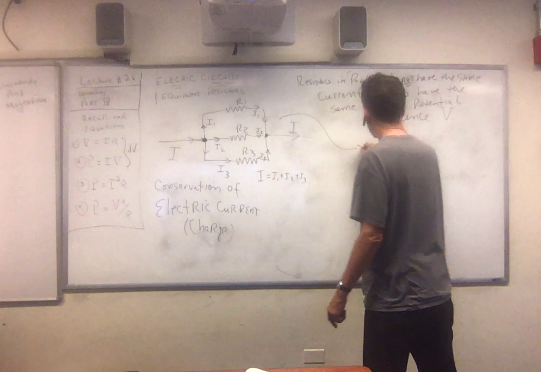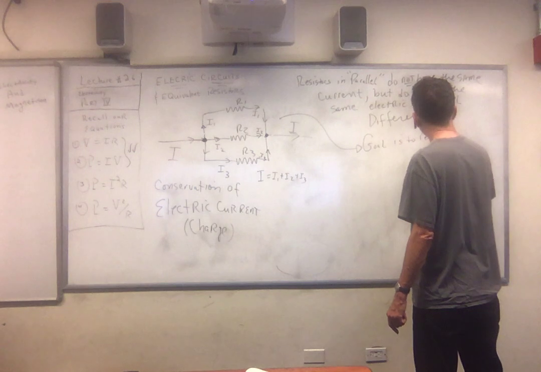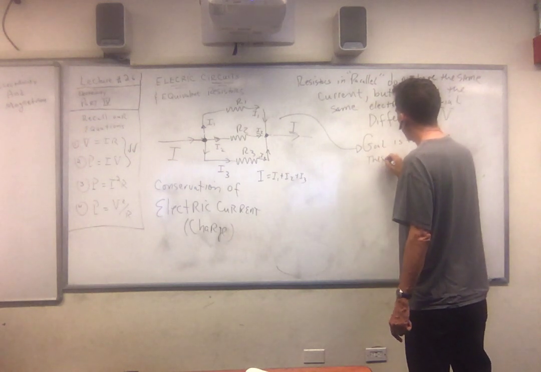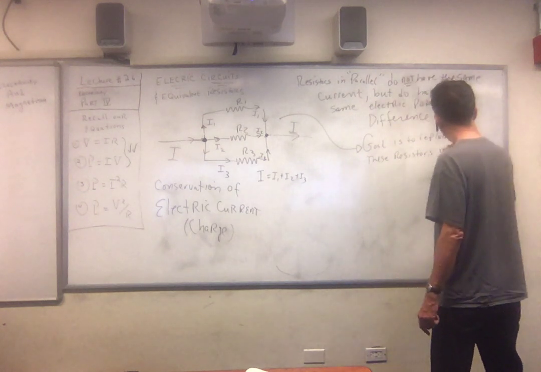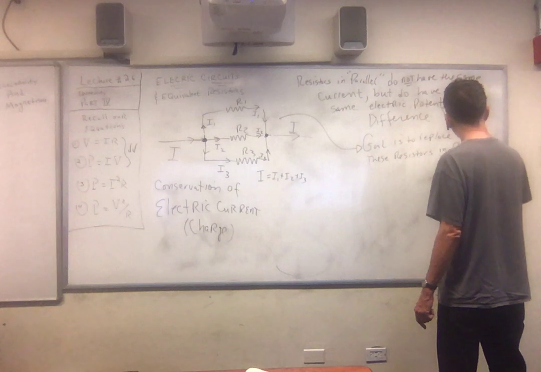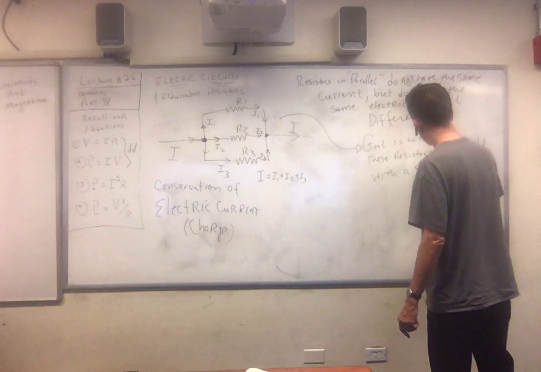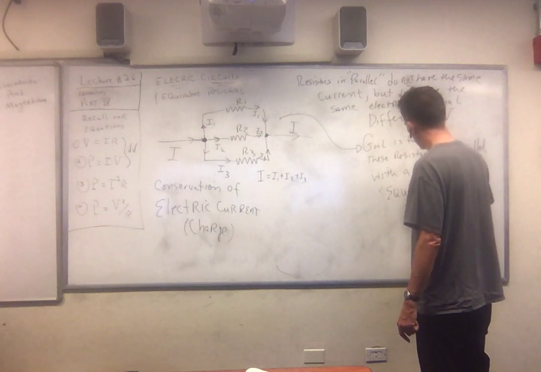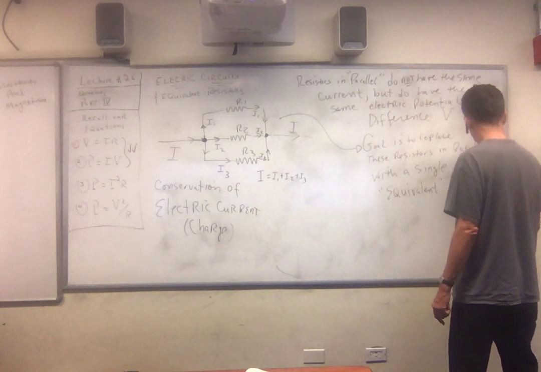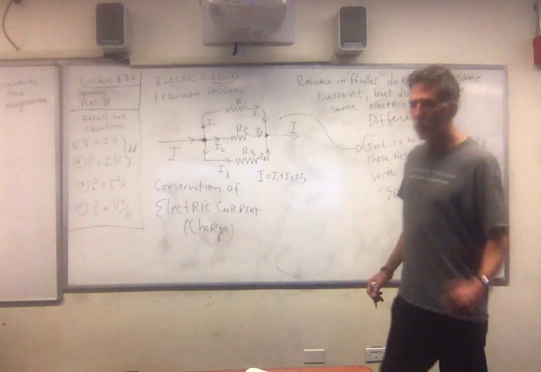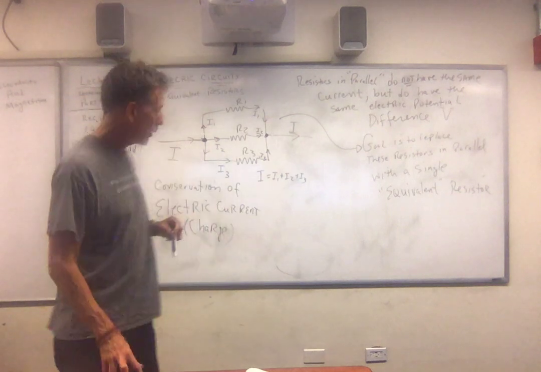Our goal is to replace these resistors in parallel with a single equivalent resistor, just as we did for the resistors in series, except now we need a different rule for resistors in parallel.